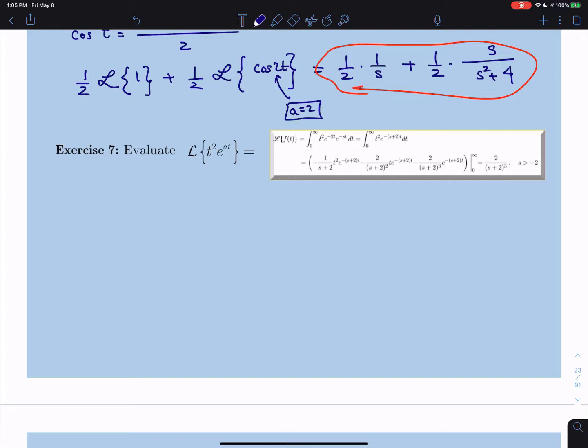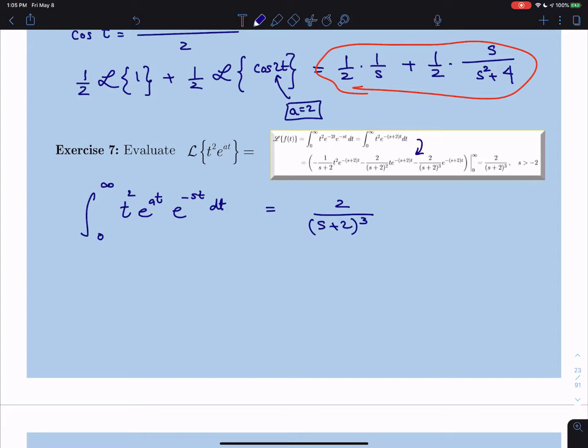You basically have no choice than to actually use the definition and say that'll be t squared e to the at, which is the function, times the kernel e to the minus st dt, and then convert the exponentials and go through some horrific integration by parts that I've done here, and ultimately get to the answer that it's 2 over (s plus 2) cubed.